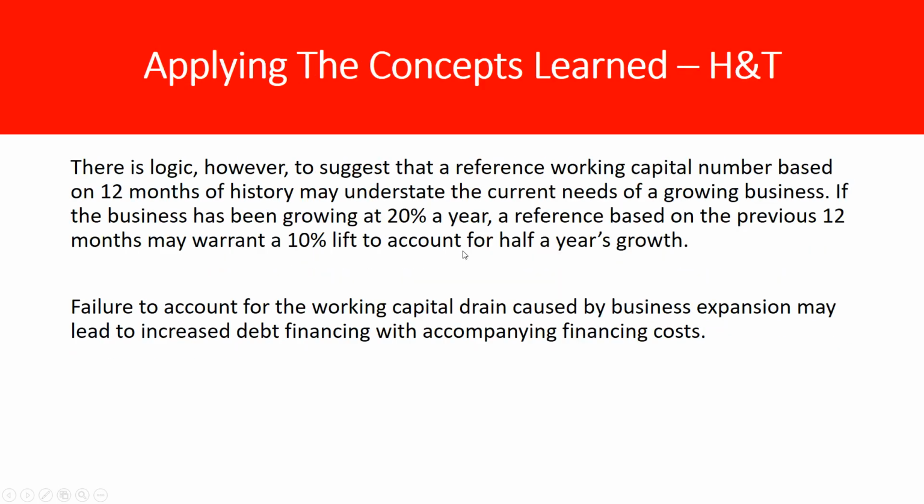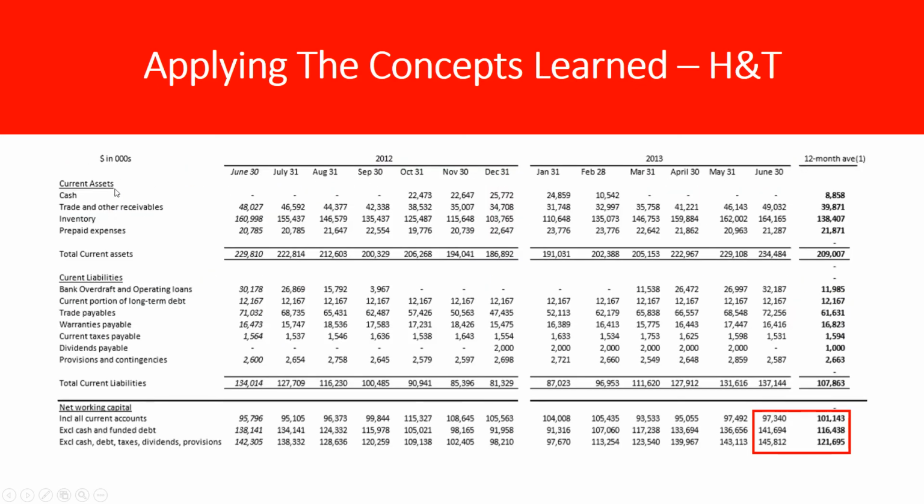Now, going back to that working capital schedule, there was a lot more here. So bank overdraft we're not accounting for, the current portion we're not accounting for. We're accounting for trade payables and warranties payable. We're not accounting for current taxes because it's not part of our tax strategy. We're not accounting for dividends payable because it's related to the seller, not us, the buyer, and not related to ongoing operations.